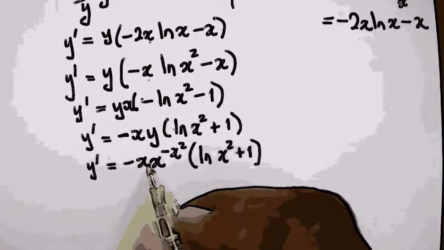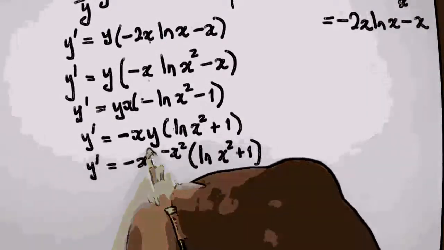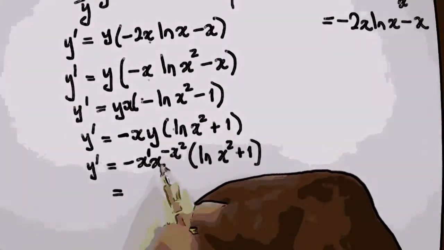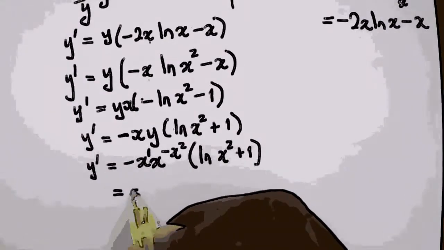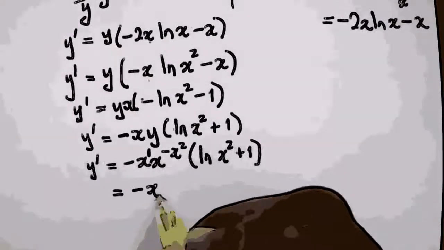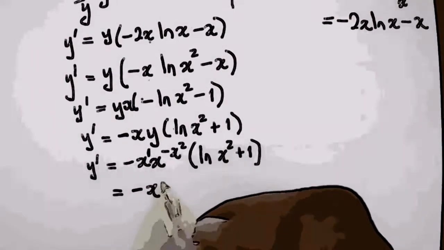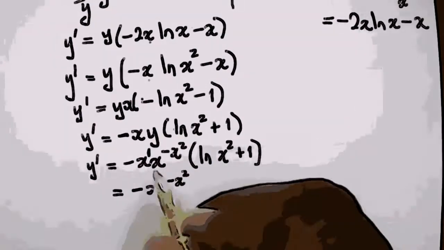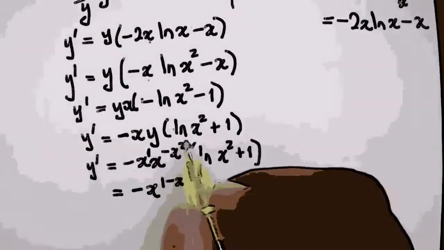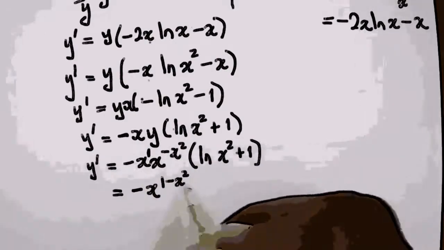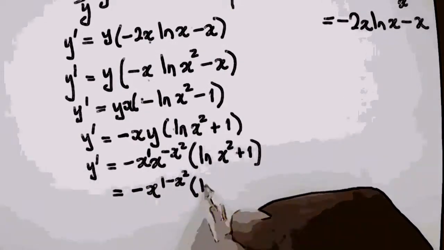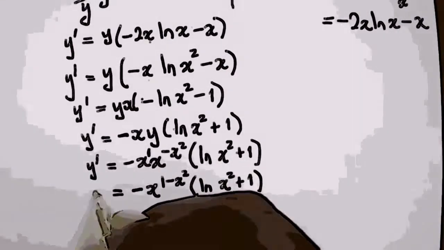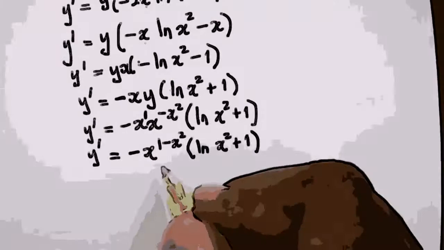Now, obviously, the negative x is x to the power 1, and you should be familiar with the exponent laws. So we can combine because the bases are the same, and we add the exponents: 1 minus x squared. The bracket remains the same. Nothing has changed there. Remember, this is y prime. We're almost good to go.